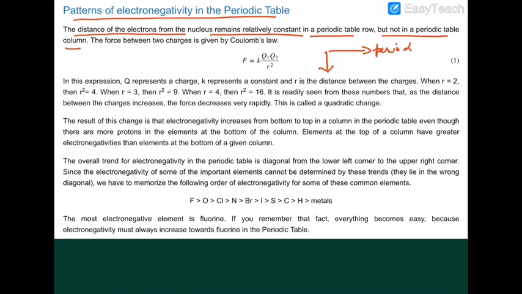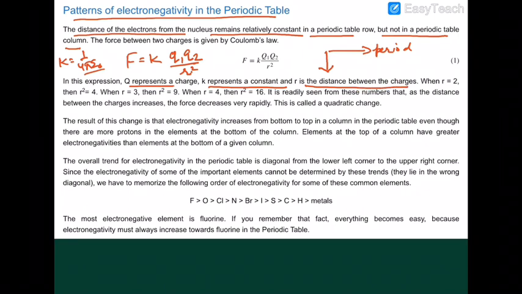Here the force is given by K, charge 1 into charge 2, divided by distance square. K is equal to 1 by 4 pi epsilon naught, where 4 pi epsilon naught is called the permittivity of the space, how the space allows the two charges to interact. So Q represents the charge, K is a constant, and R is the distance between the two charges.